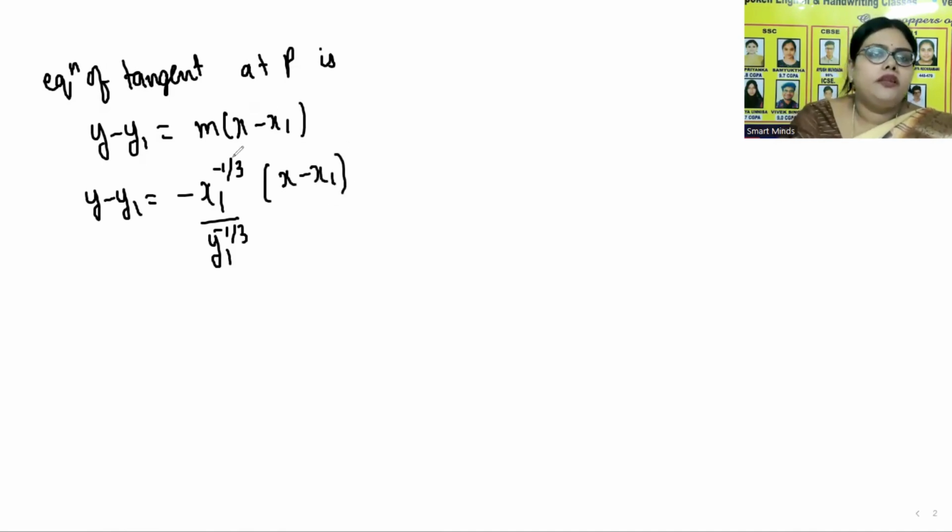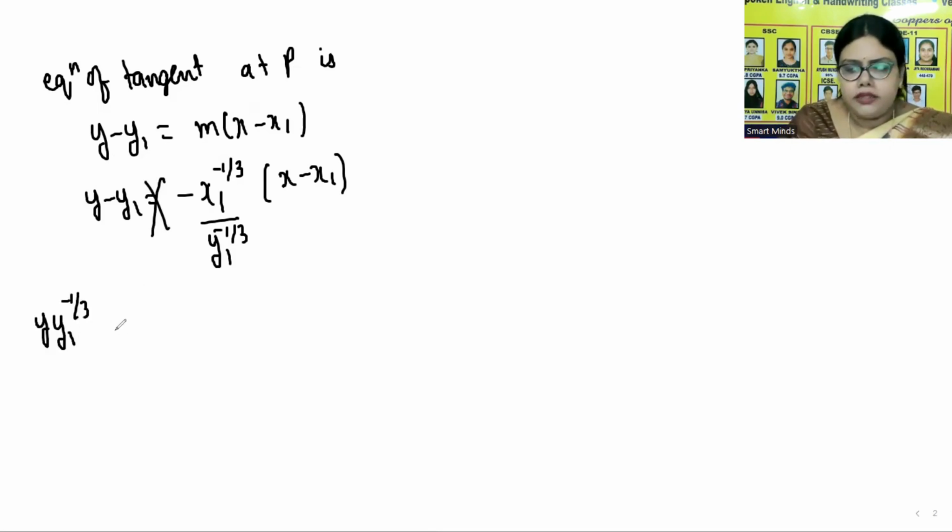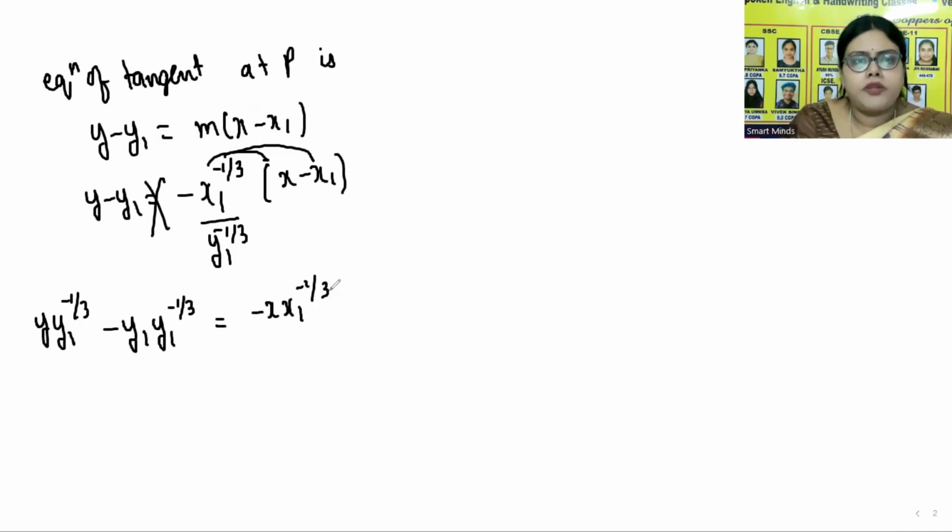Here in dy by dx we are putting x and y as x1 and y1. Now if you cross multiply, you will get y1 power minus 1 by 3 into y minus y1 is equal to minus x into x1 power minus 1 by 3 plus x1 into x1 power minus 1 by 3.